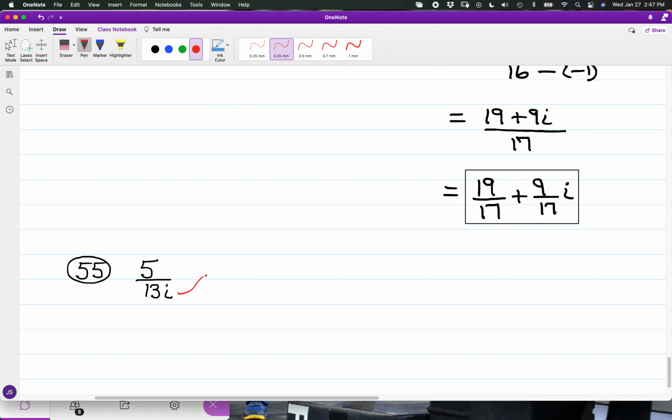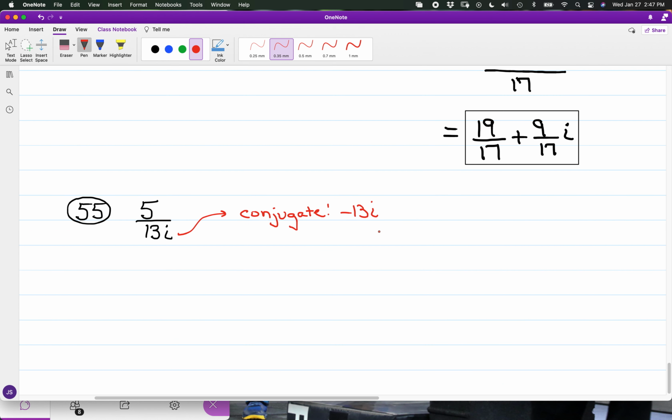With 13i, the conjugate is going to be negative 13i. So if I take what I have in the ratio, I multiply by 1 in the form of negative 13i over itself.